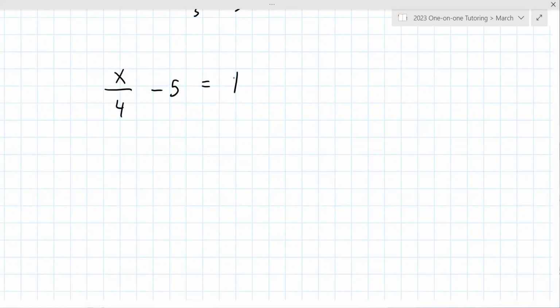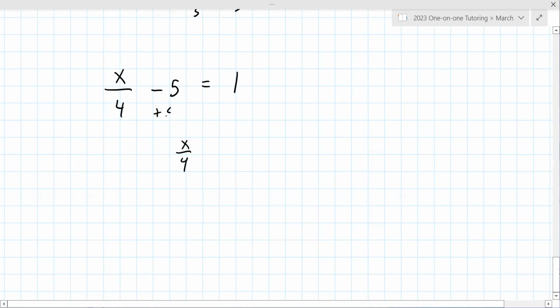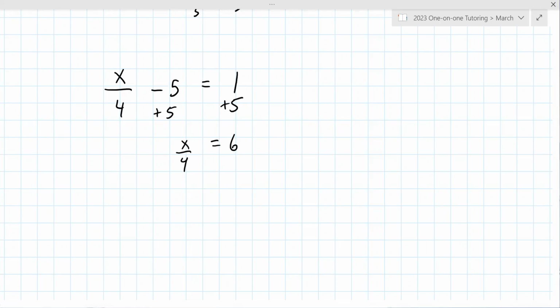Okay. So plus 5, which is nothing, and then that's just x over 4 equals 1, and x would equal... No. You have to add 5 to both sides. Oh, so that would equal 6. Yes. x over 4 equals 6, and so that's going to be 24 over 4 equals 6. x equals 24.